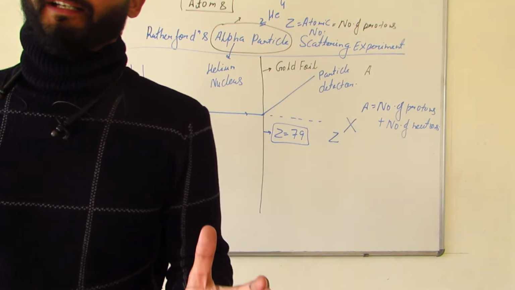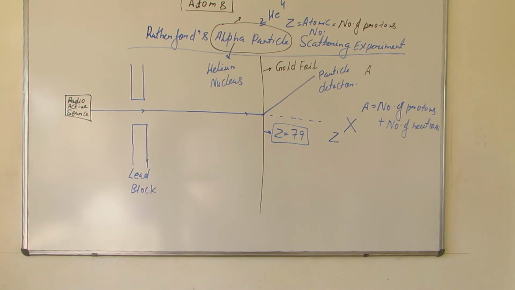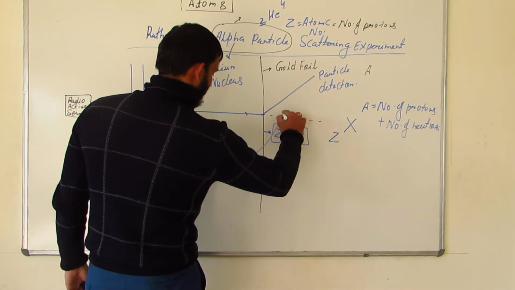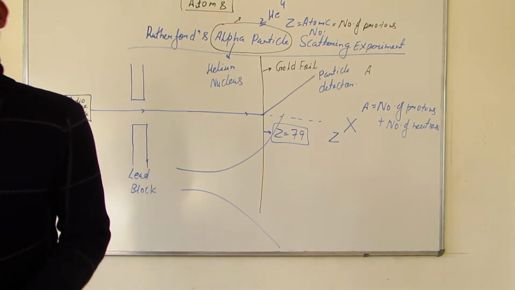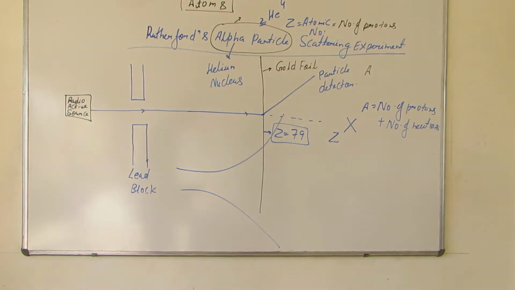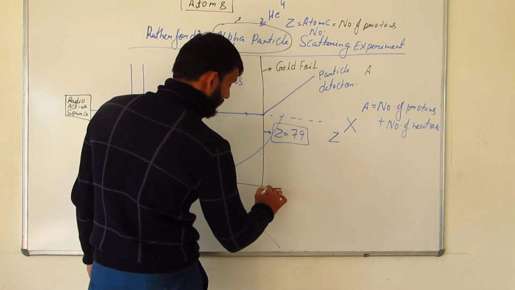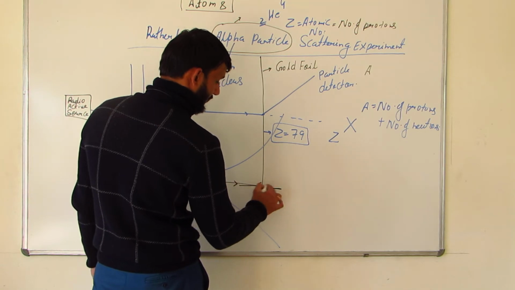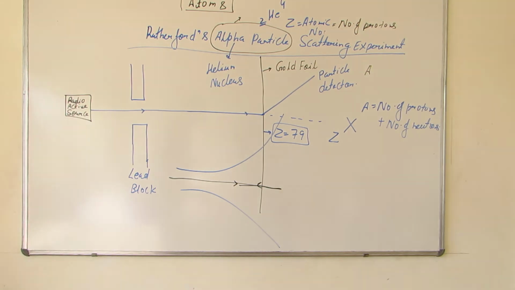Then the second observation was that some of the particles deviated to a great extent. And the third was that very few particles rebounded back, deviating along the same path.